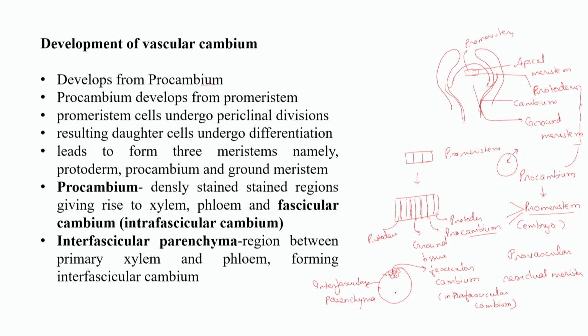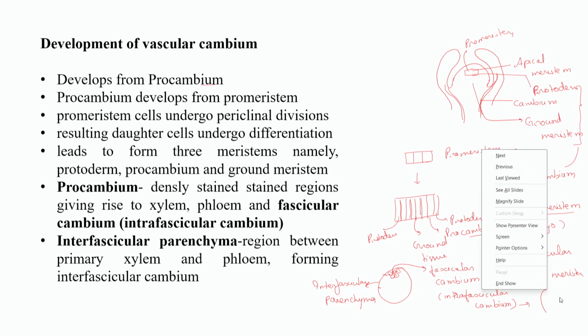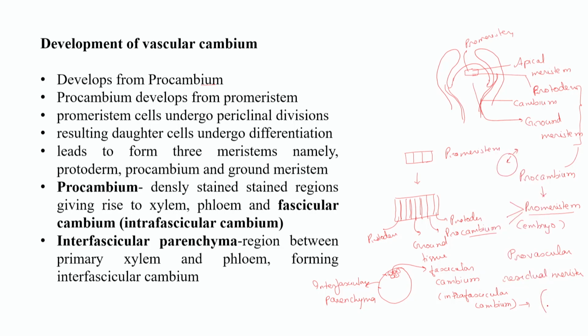So this fascicular cambium is the cambium which is found between the xylem and phloem. Actually you would be thinking that there is no cambium in between the vascular bundles. Vascular bundles are arranged as such in dicots, in the form of a ring.